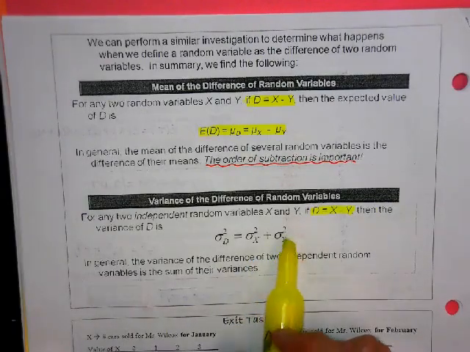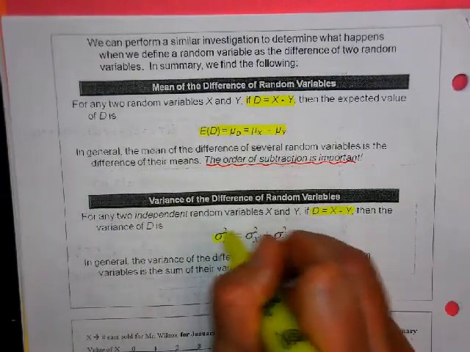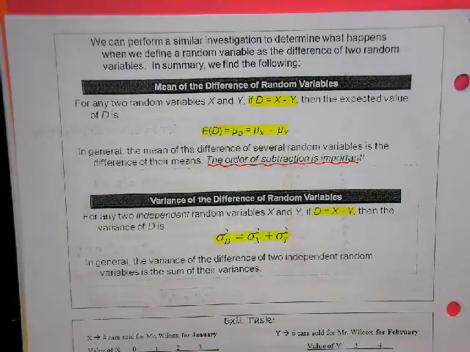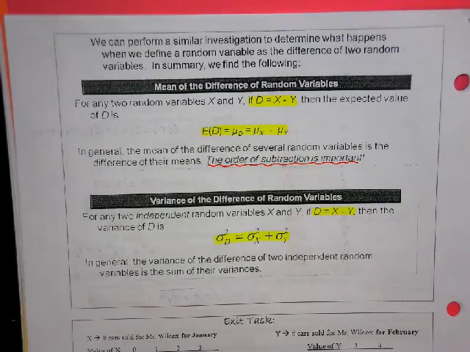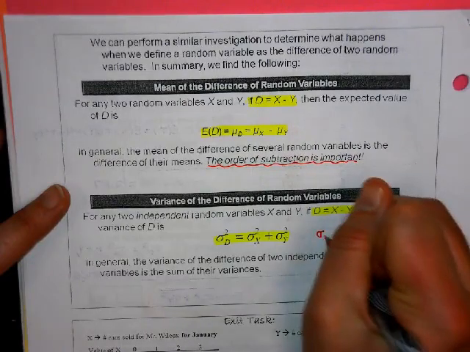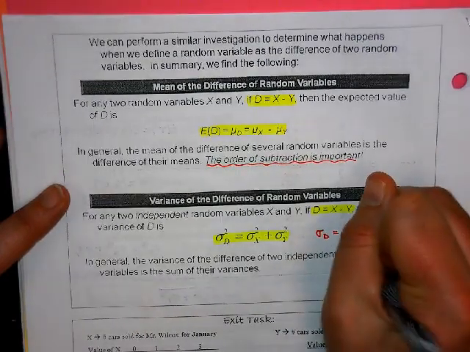And then the standard deviation of the difference would come from the square root of the variance. Always add variances.